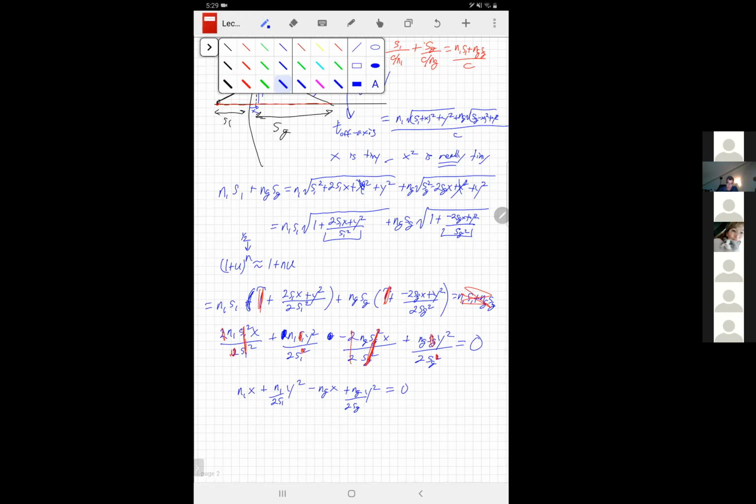Well, let me make one more manipulation before we do what we did a few weeks ago and take a second derivative. N1 over S1 times y squared over 2 plus NG over SG times y squared over 2 equals x times NG minus N1.